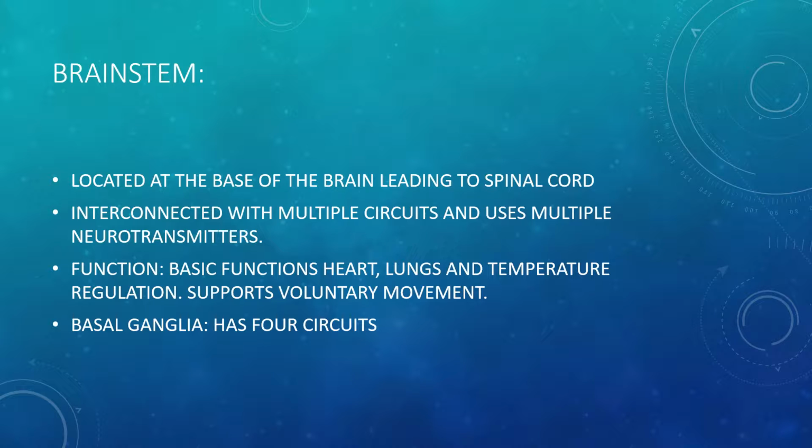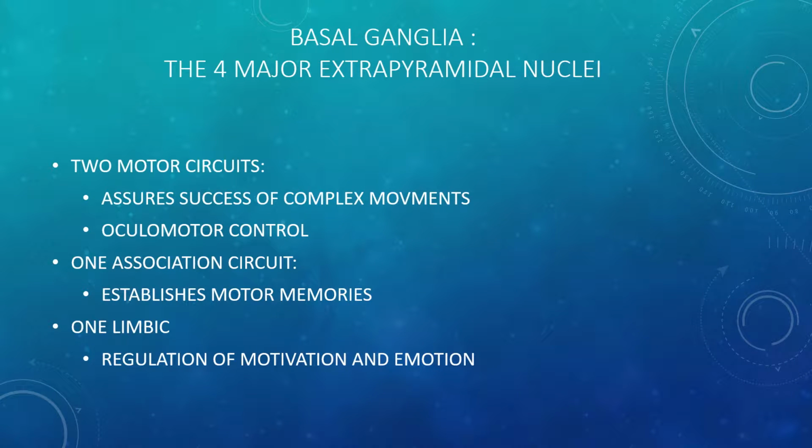And within the brainstem is the basal ganglia, which has 4 units. The 4 extrapyramidal nuclei, which means that it runs outside the pyramidal tract, has 2 motor circuits, and it's for assuring success of complex movement. So it's like a support function, as well as oculomotor control.